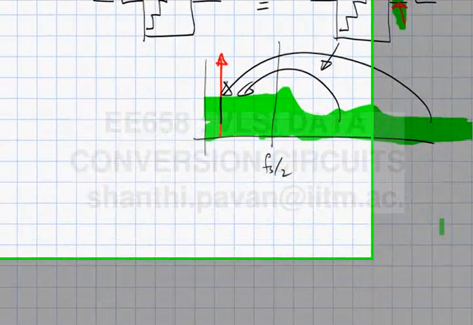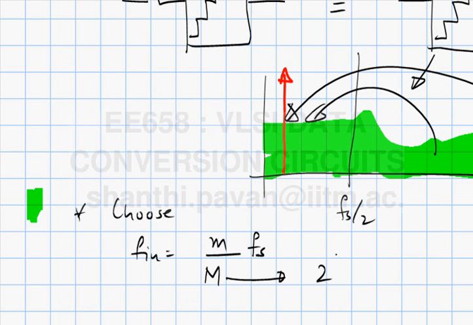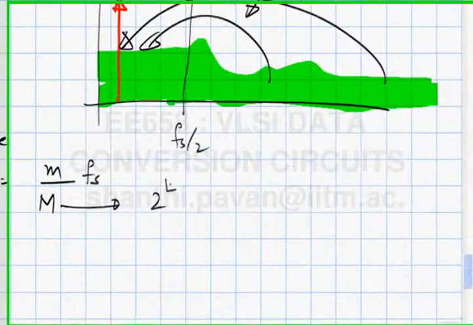So, you must choose again Fin to be equal to M by capital M times Fs, where M is some 2 to the power L, and M is relatively prime. You can choose M to be a prime number, in which case the record will be periodic with a time period of M by Fs.